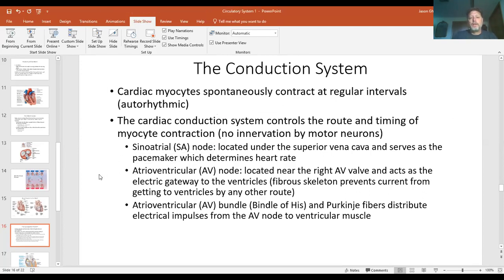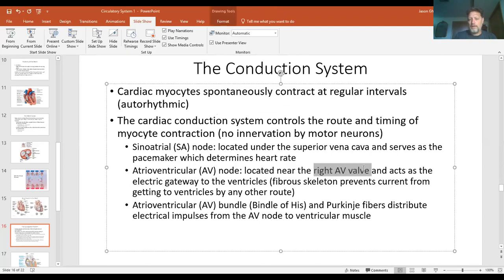Then below it, inferior to it, I should say, we have the AV node, the atrioventricular node. Again, because right where that right AV valve is, it's kind of a booster and sends the impulse further down the line, down the ventricles to conduct the impulse.